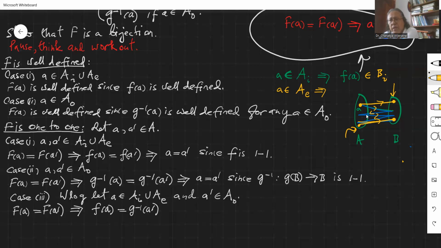Now this comes back from B, through f inverse. So when you take f inverse of this element, it goes back.